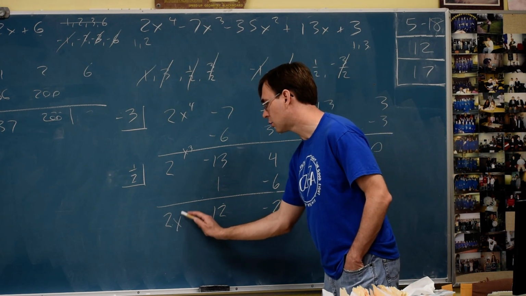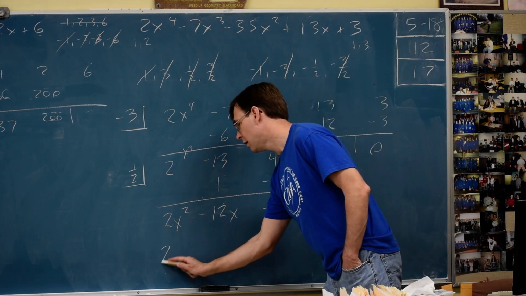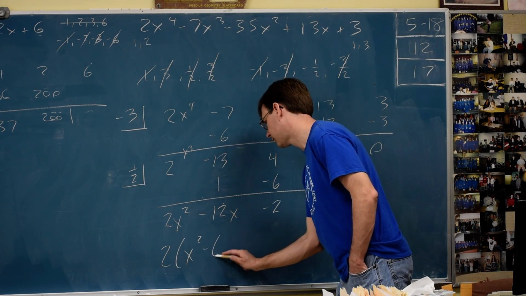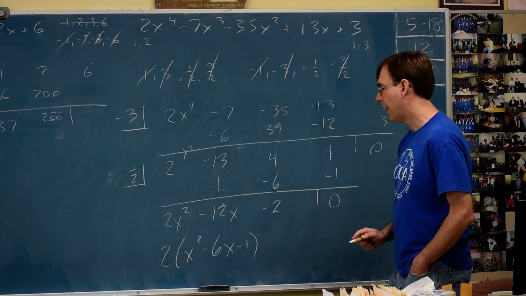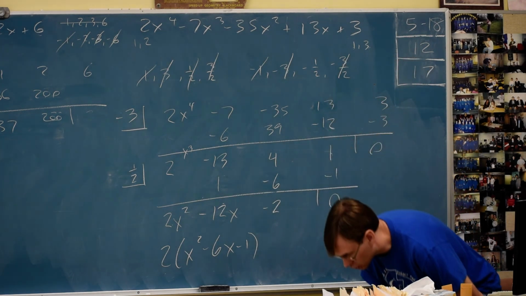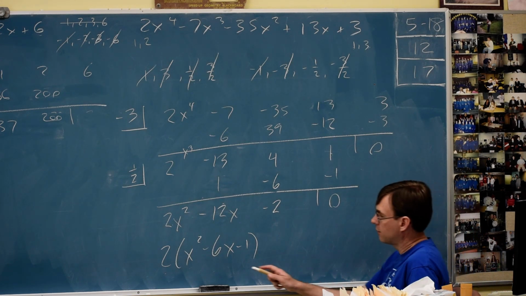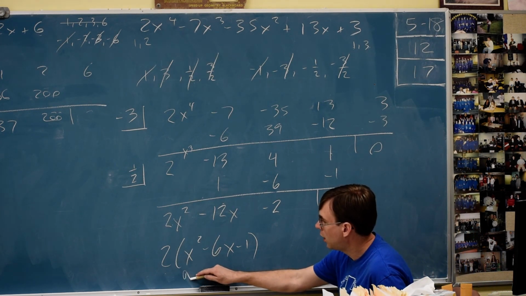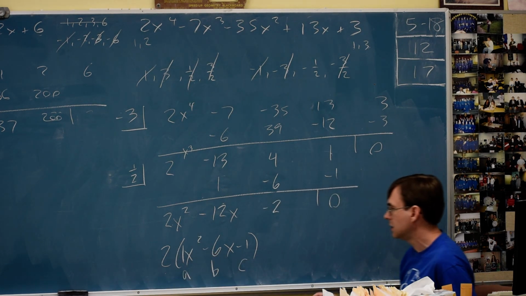This is now an x squared problem with an x and a number. Factor if you can. And then that won't factor more. So we would look to do the quadratic formula. A is 1, B is negative 6, C is the other number.